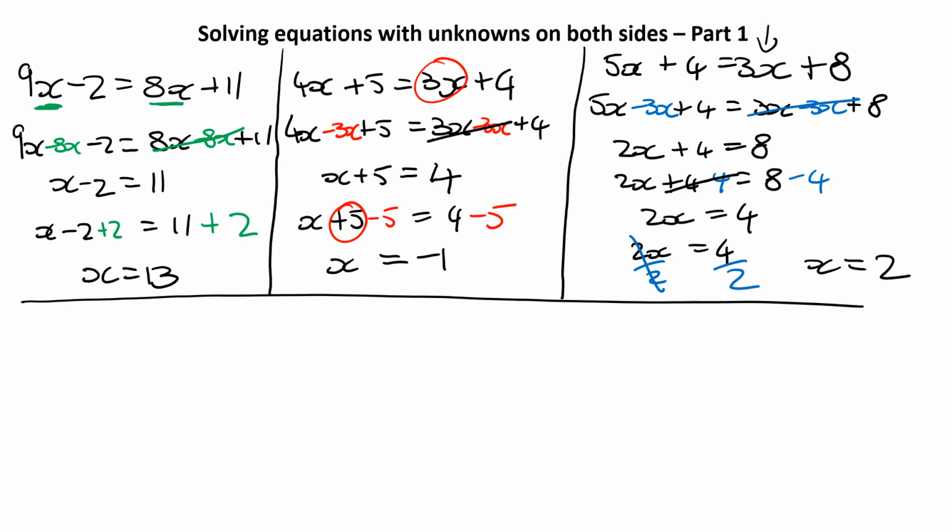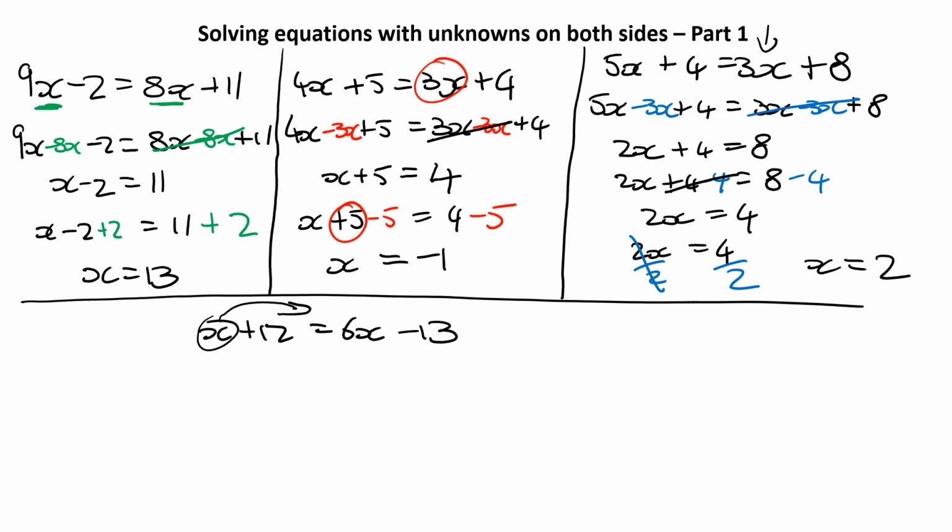And one more question: x plus 12 equals 6x minus 13. What I'm going to do here is move this x across to that side, because it makes life a bit easier to subtract the smaller number from the bigger number.